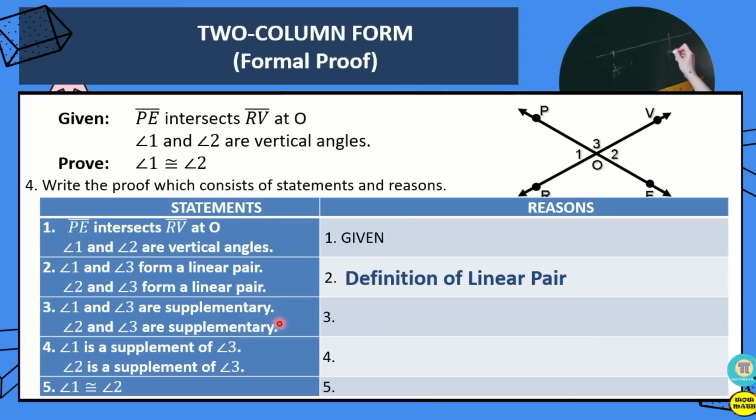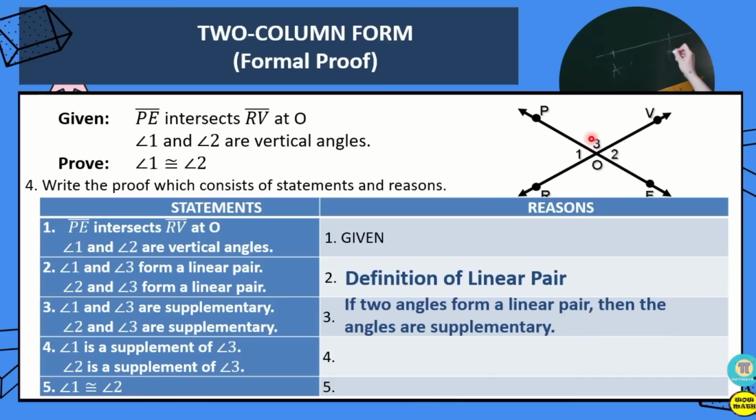Next, angle 1 and angle 3 are supplementary. Angle 2 and angle 3 are also supplementary. Now, pwede mo siyang i-connect dun sa previous statement at reason mo. So, this is, if two angles form a linear pair, then the angles are supplementary.